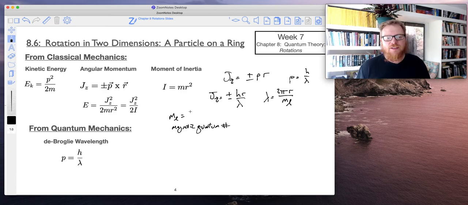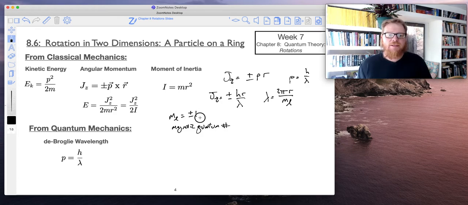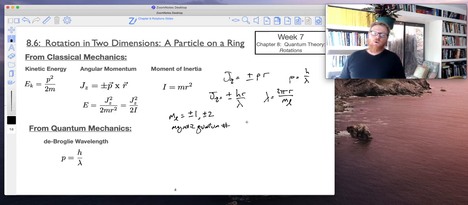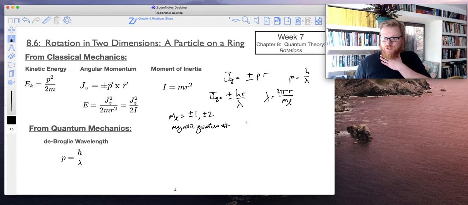So what that means is plus or minus 1 is okay. And again, the plus or minus is for the change in angular momentum. It means that plus or minus 2 is okay as well. And as we shall see, we're going to be able to add other qualifiers to this ml. As it turns out, plus or minus 1 and plus or minus 2 aren't the only values that are acceptable.